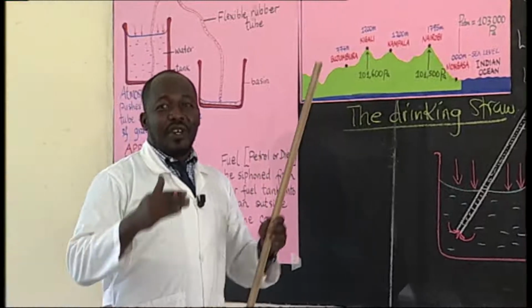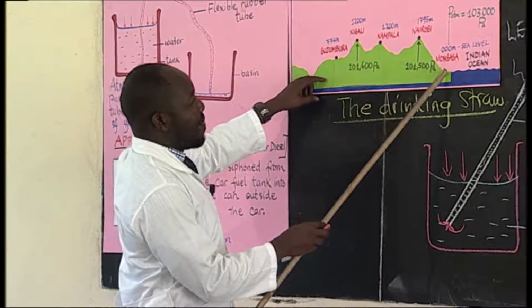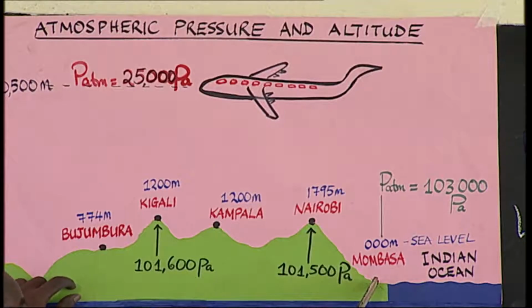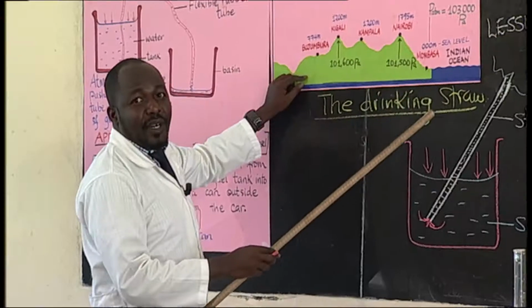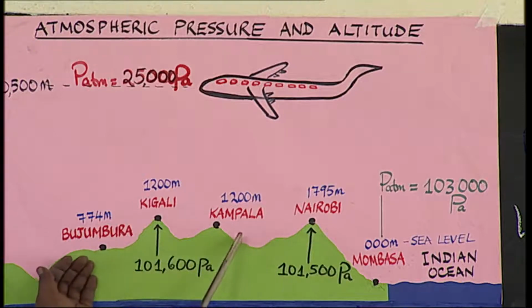The higher you go, the lower the atmospheric pressure. So when you look at cities like Mombasa in Kenya, this is at the sea level. Atmospheric pressure is 760 millimeters of mercury. When you come to a city like Nairobi, it is higher than Mombasa. Do we expect the atmospheric pressure to be 760? No, it should be less. If you come to a city like Kampala, I'm picking major cities of East Africa.